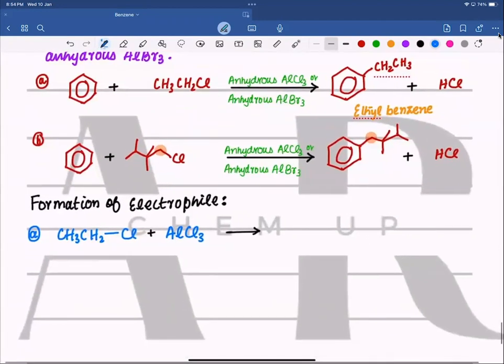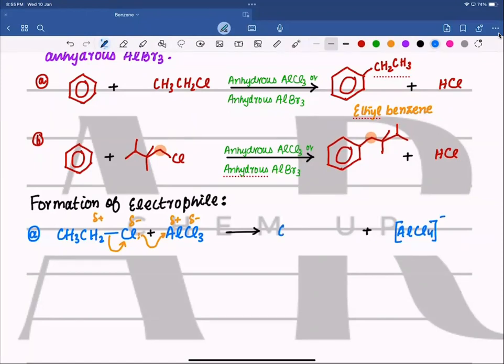So what will happen over here is that chlorine, with its lone pair, makes a dative bond with the aluminium and breaks its bond heterolytically. As it breaks this bond heterolytically, it leaves as a chloride ion, and when that chloride ion joins with AlCl3, a negatively charged ion is formed with the formula AlCl4 negative.